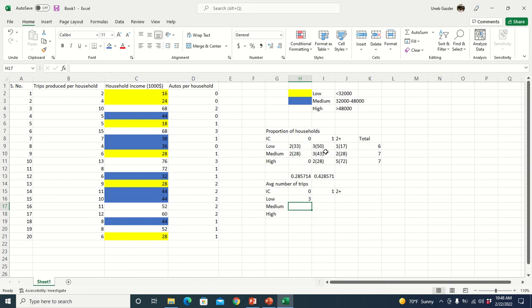Okay, then in low income with 1 autos, I have 3 of them, and these 3 are this one and this one and this one. Okay, so this one has 5 trips, 6 and 6. Okay, so I will do the average here.